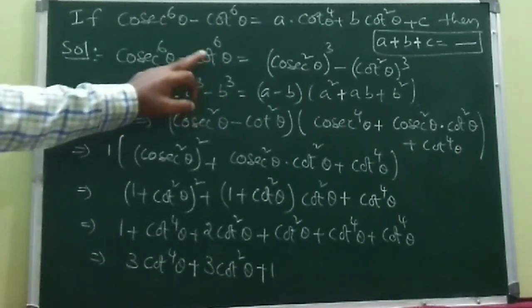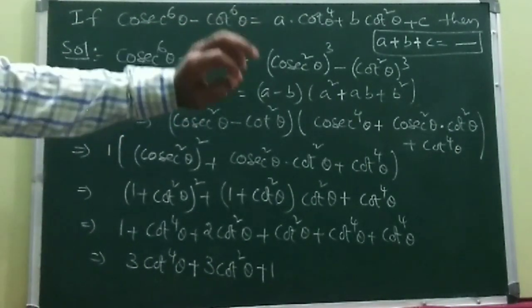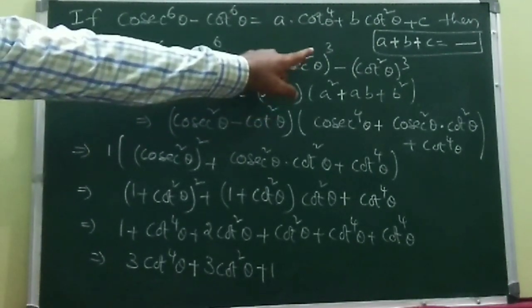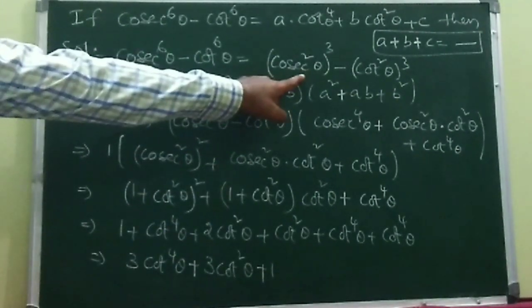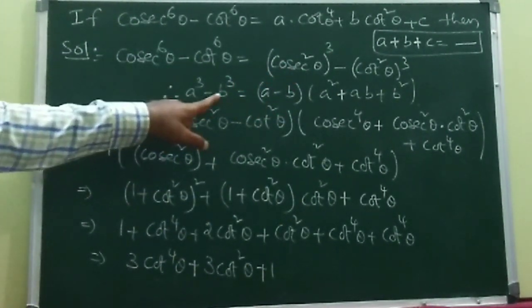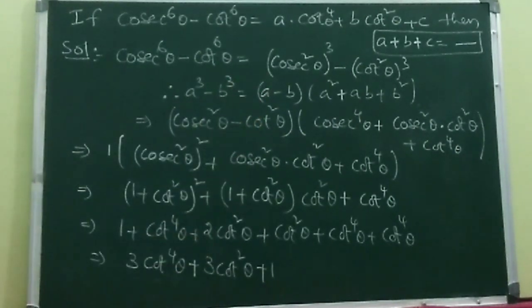So I just want to write it in the form of a cube minus b cube. Cosecant square theta whole cube minus cot square theta whole cube. So since this is in the form of a cube minus b cube, try to recall the formula for a cube minus b cube, which is equal to a minus b into a square plus ab plus b square.